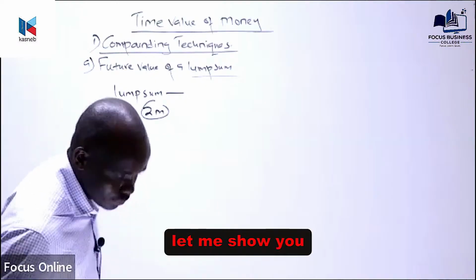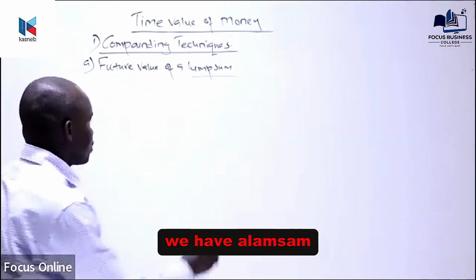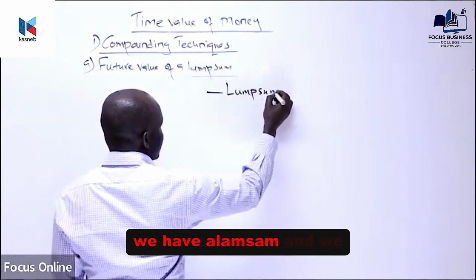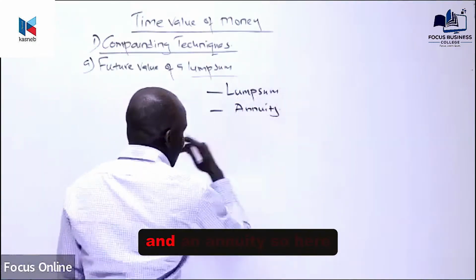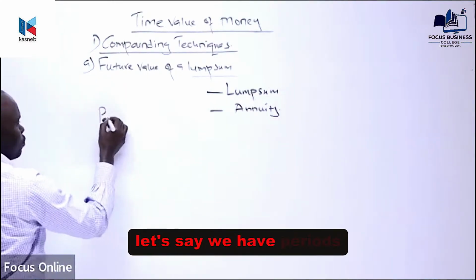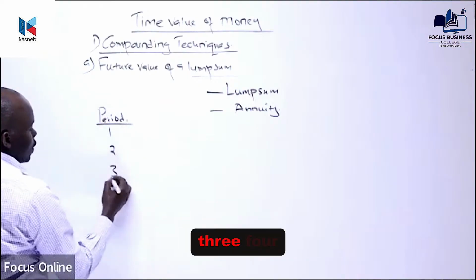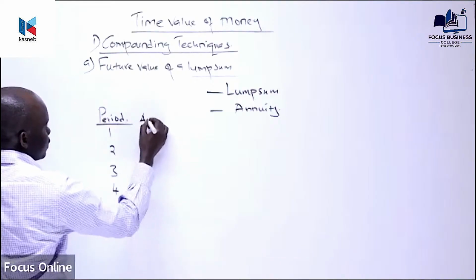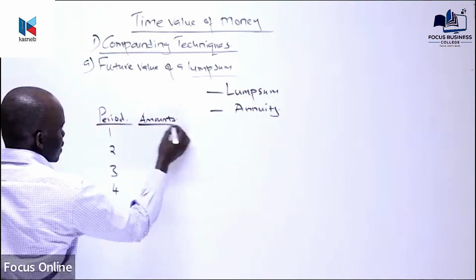Let me show you. Let's first understand. We have two things here. We have a lump sum, and we have an annuity. So here, let's say we have periods 1, 2, 3, 4, and we have amounts. Let's start with lump sums.